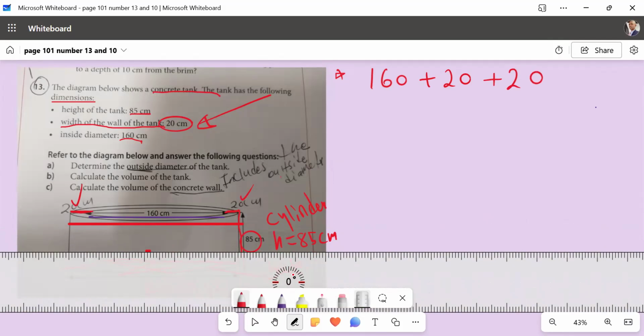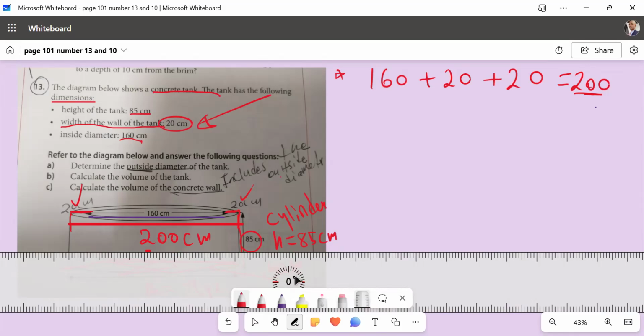Then when we add these numbers, we are going to get 200. This 200 is the distance from this wall up to this wall, which is 200 centimeter.